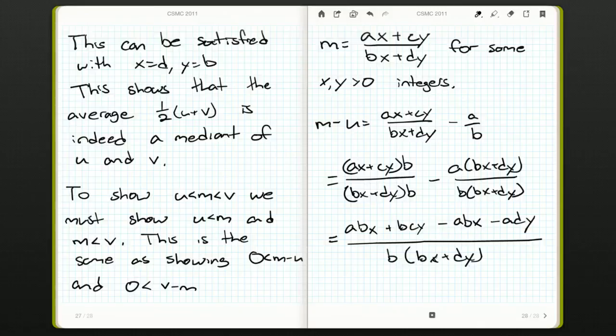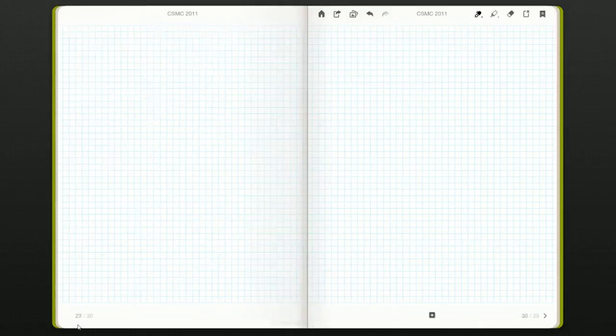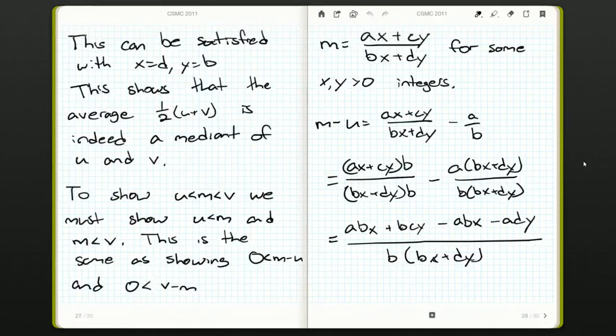This denominator is just going to be positive. So it's all about whether or not this top part is positive. Oh, I probably could have simplified the fraction a little bit more there. So those two cancel out, so we're left with bc minus ad, which we've seen something very similar to before, over b times bx plus dy.